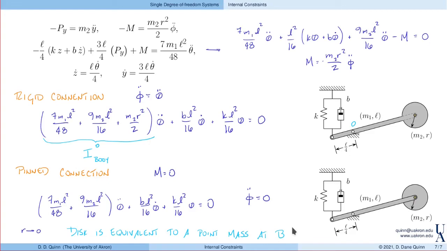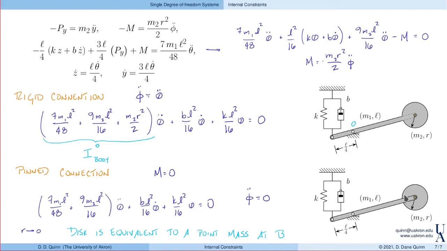So essentially I could replace this physical thing, this disk, with an idealized point mass, and I'd get the same equations of motion. So from a dynamic standpoint, those two systems are entirely equivalent.